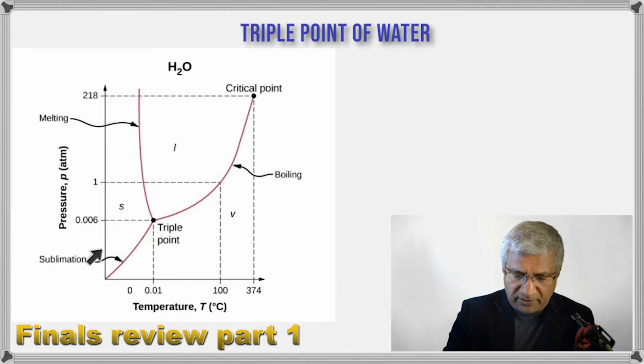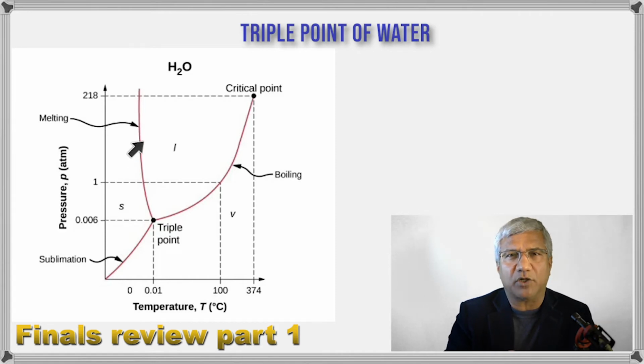So if you look at this graph, first of all, this line, it's called the fusion curve or the melting curve. So we're talking about ice and water. So at any point on this graph, you will have both ice and water. So that'll be exactly when ice is melting.